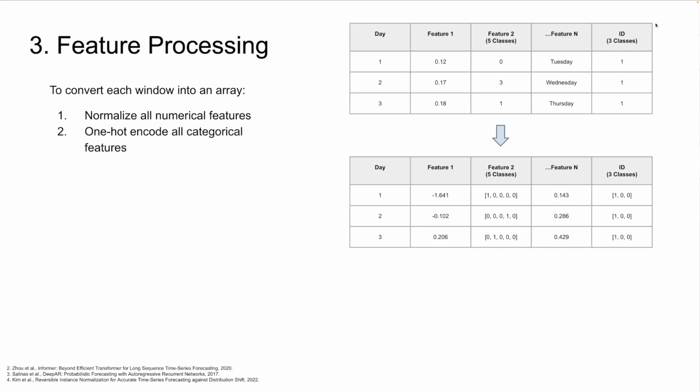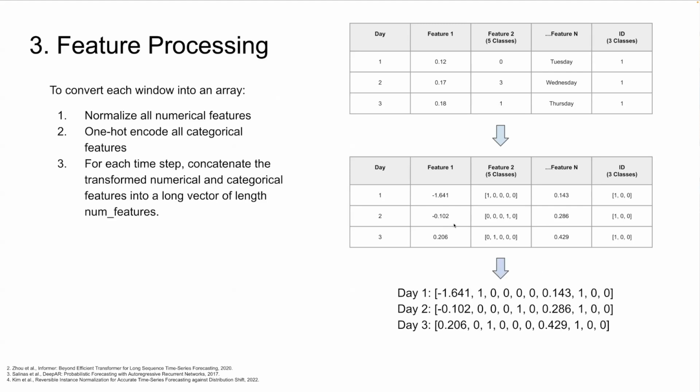So back to this example that we had from before. The first thing we do is, for all the categorical features, we'll do one-hot encoding. And then we also normalize numerical features. Then we take this middle part, the n features that we have, as well as the instance ID. In this case, there are 3 classes. So take each row into a long vector.